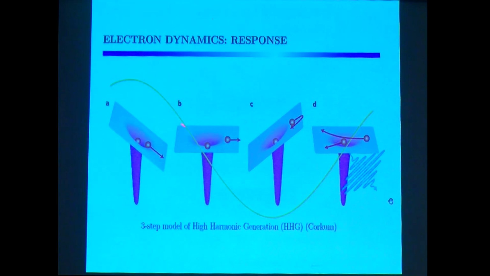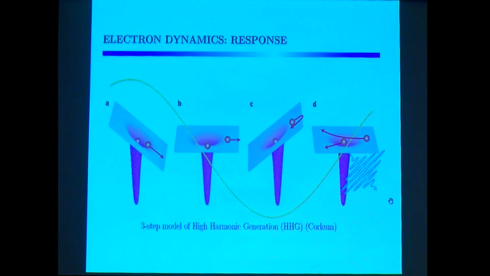When the laser field changes sign, you have a reorientation of the potential, and associated with this is a motion of one of the electrons, which moves further out, then comes in again, and by recombining with the rest of the molecule, you emit photons, and these are the high harmonics.